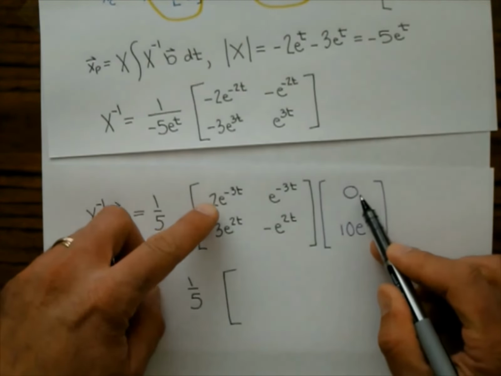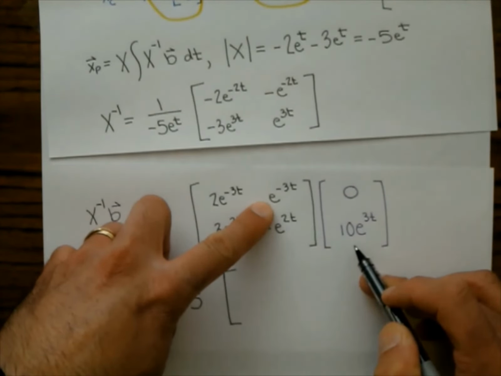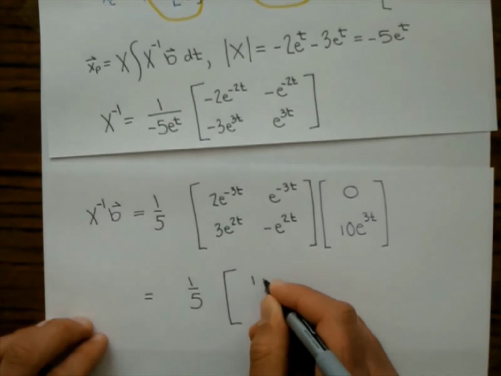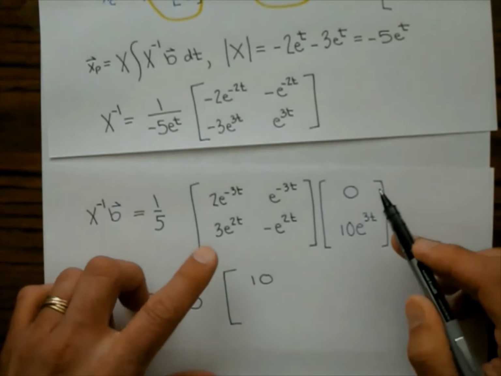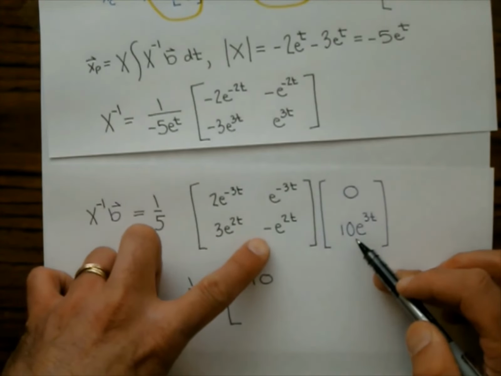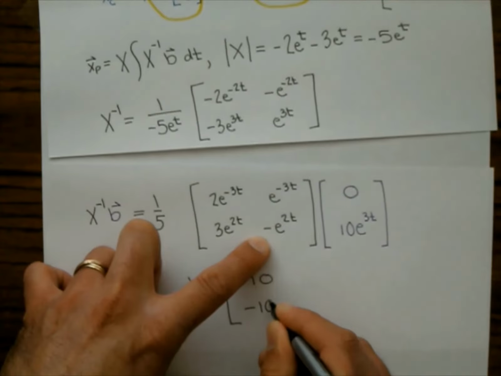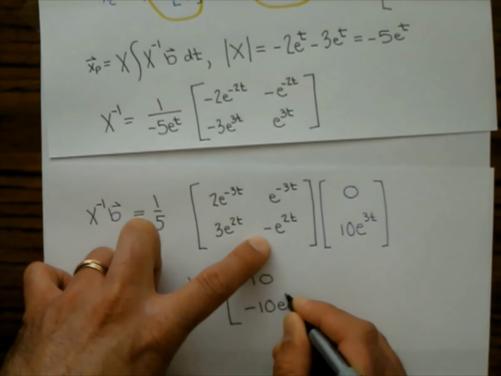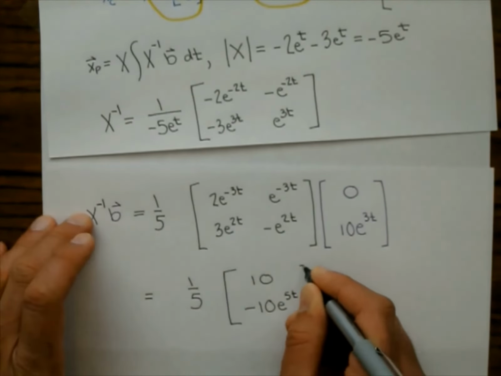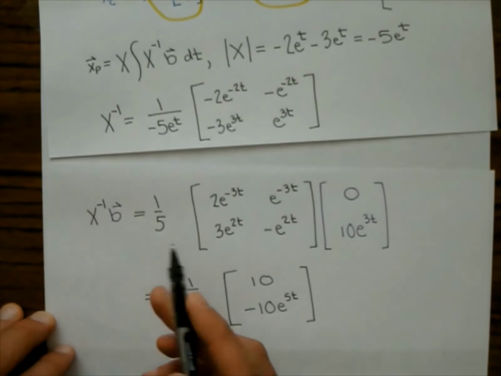And so this gives me 0 plus 10. That's sweet. And then this one's going to give me a 0 minus 10 e to the 5t. Okay, so now I know what X inverse B is.